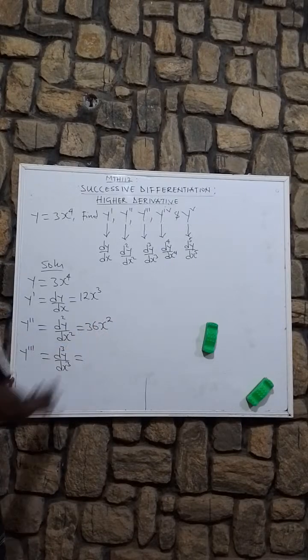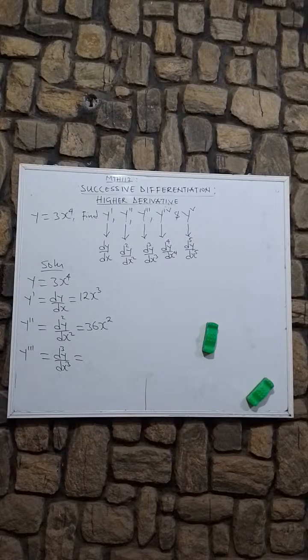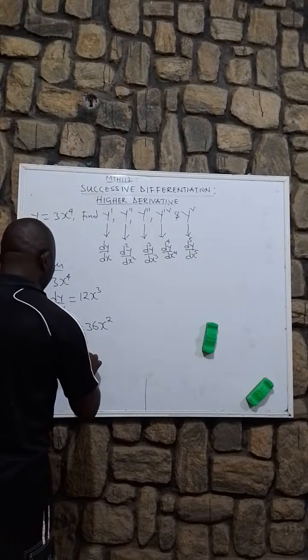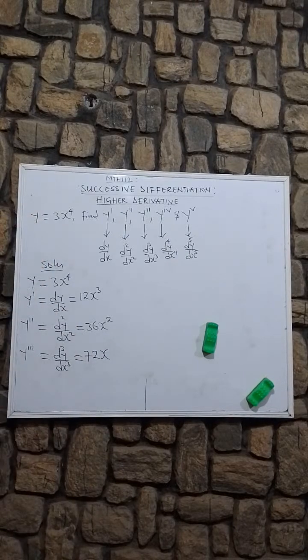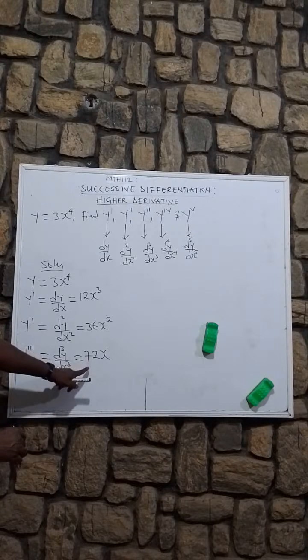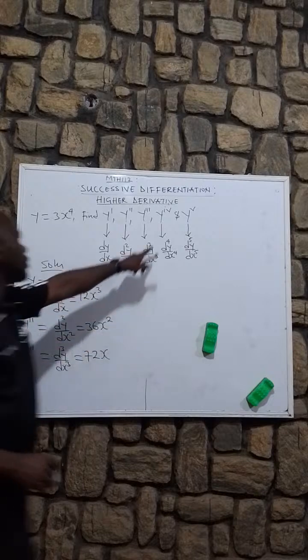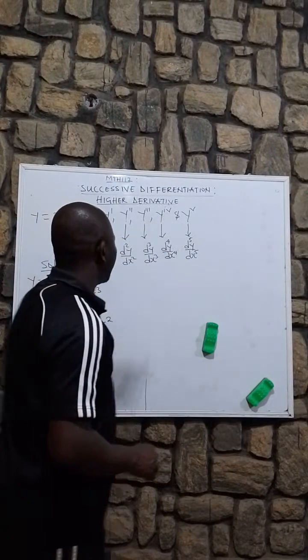Use this to multiply this 12, which is 72x, isn't it?